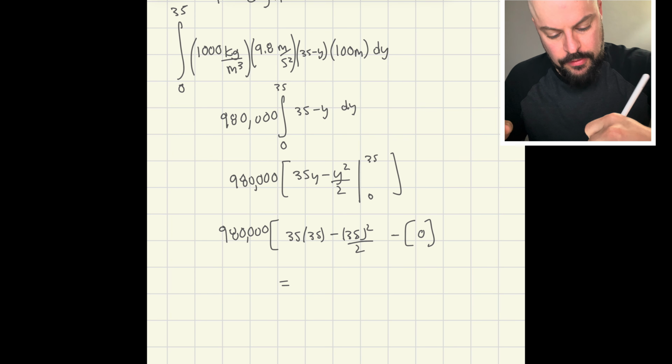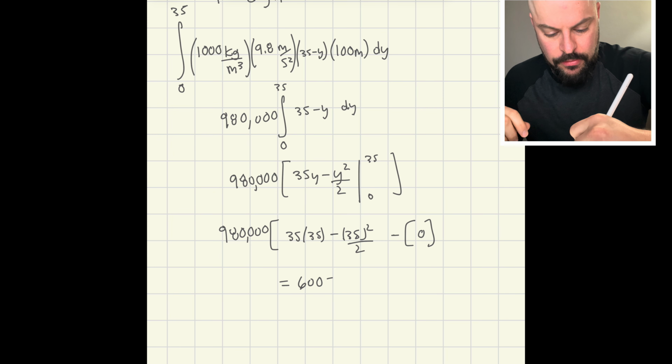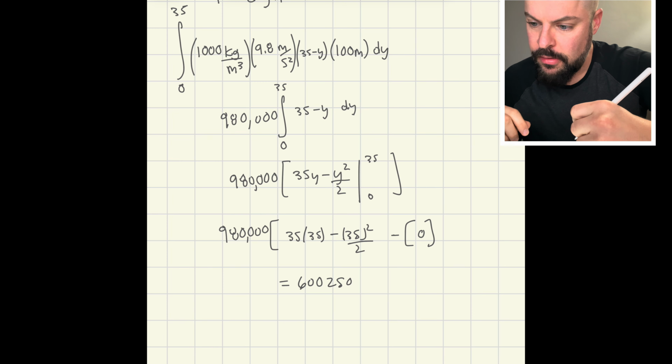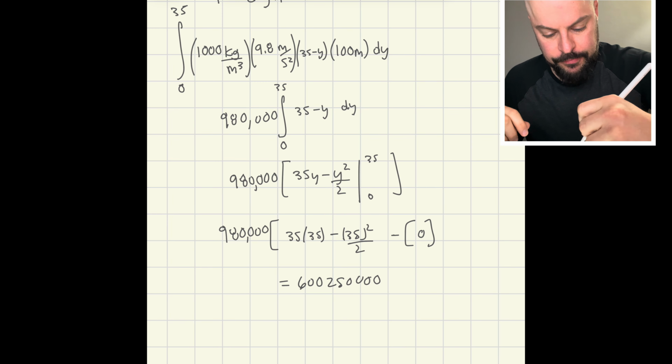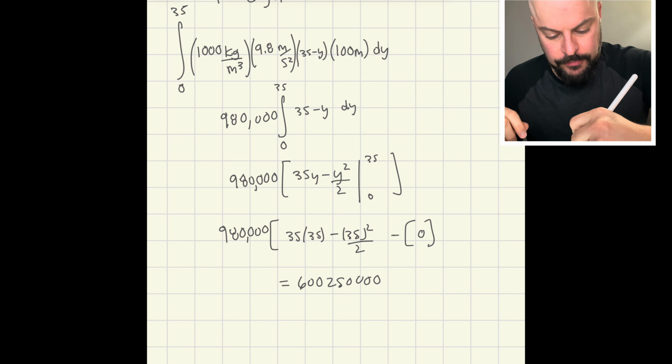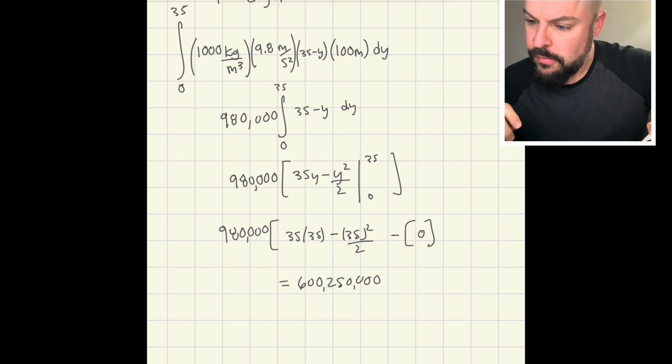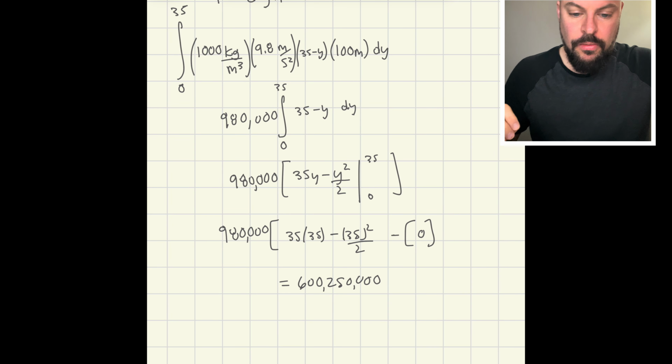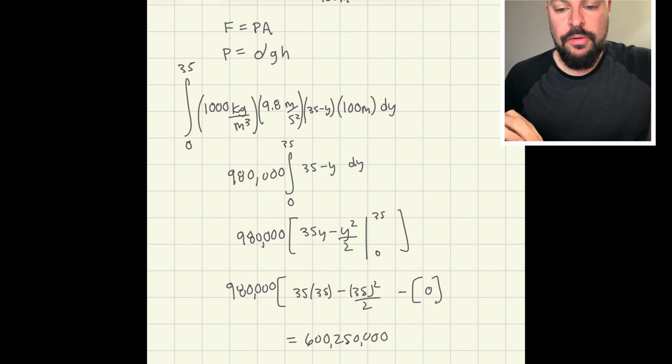And the answer for this part is 600,250,000. Make sure we wrote that down correctly, with 4 zeros. Cool. Now let's go back and figure out what our units were.